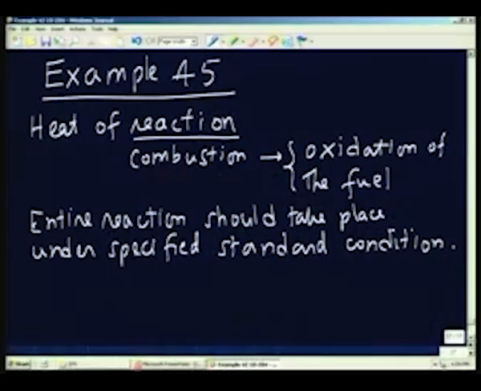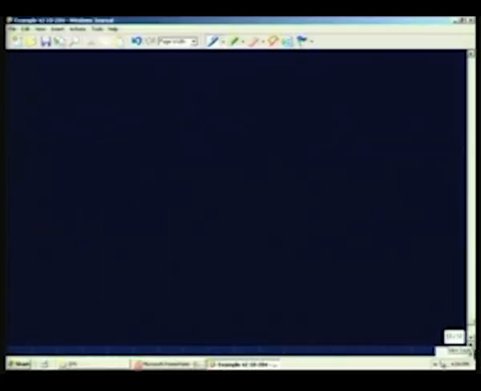So, what happens in the bomb? Well, let us look at the detail. In the bomb, we have, let me just show a box diagram. We have reactants. What are the reactants? The pellet of the fuel and the oxygen, which is at 20 bars or 25 bars. So, I will say P1 and T1.